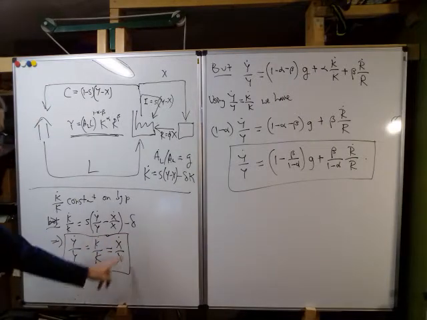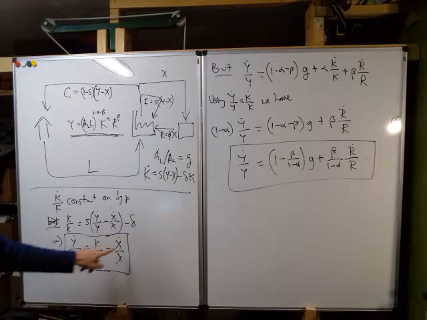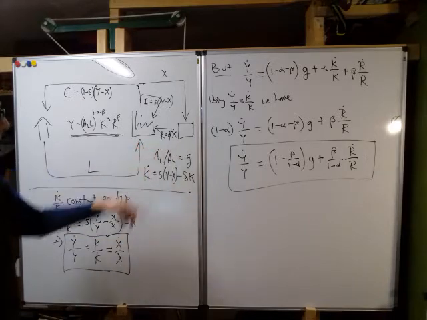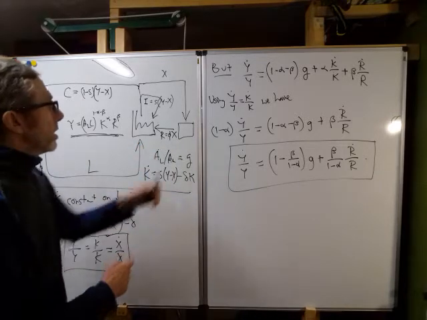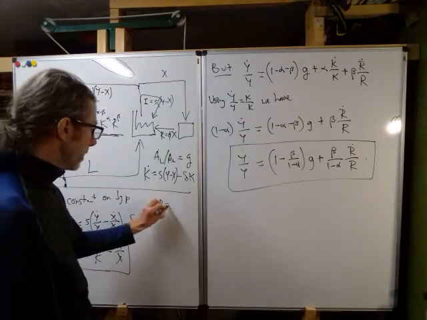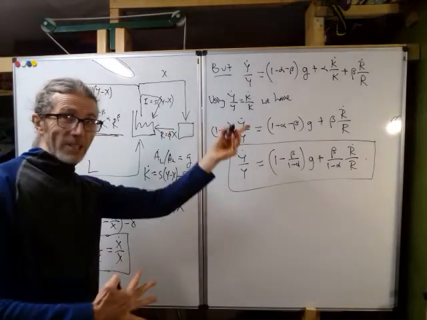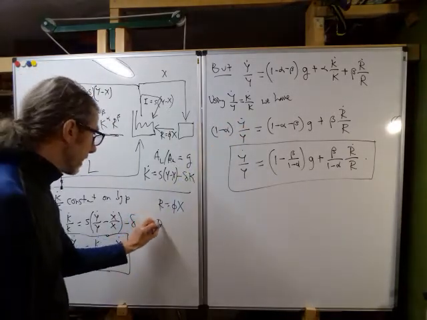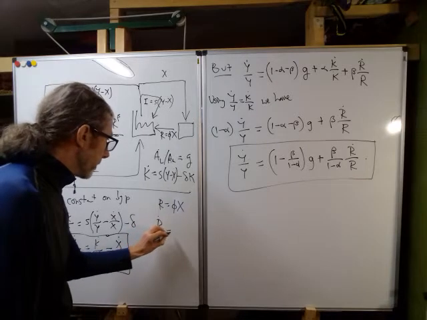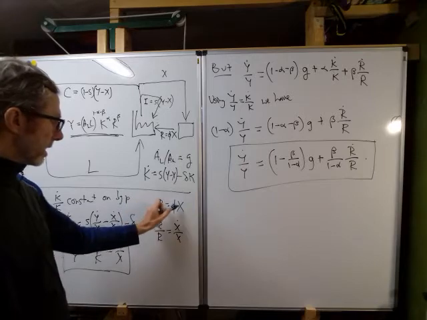Okay, so we know that x dot over x is growing at the same rate as y dot over y. But from this, again using this technique, if r equals phi x, and you can do this the long way like I showed you in the previous video, but I'm just going to write r dot over r equals x dot over x. If r grows by 1%, x is going to grow by 1%.